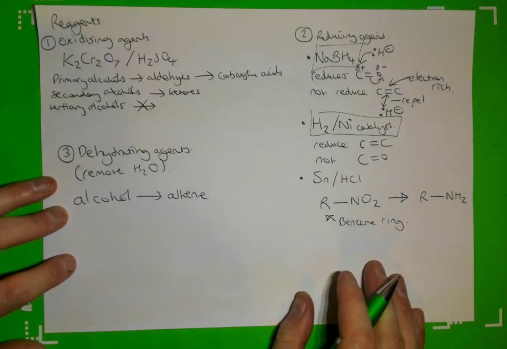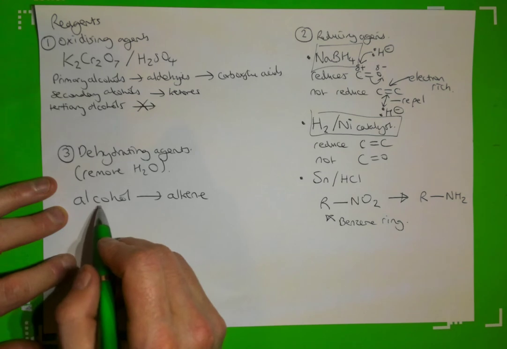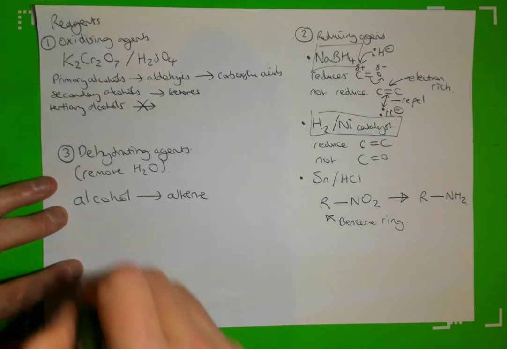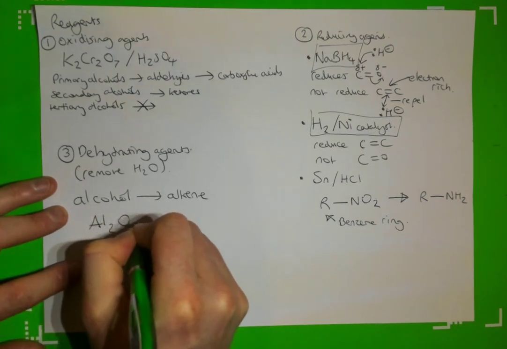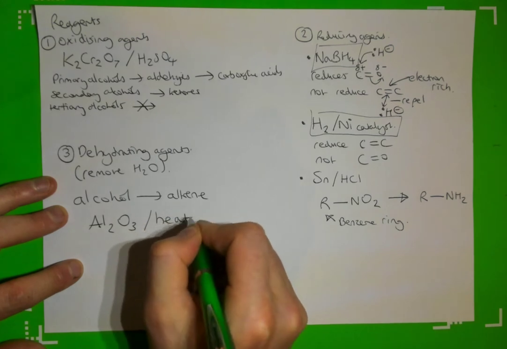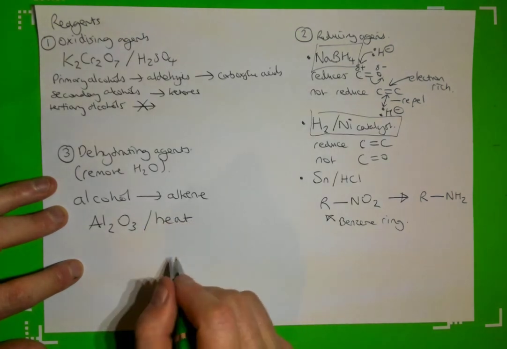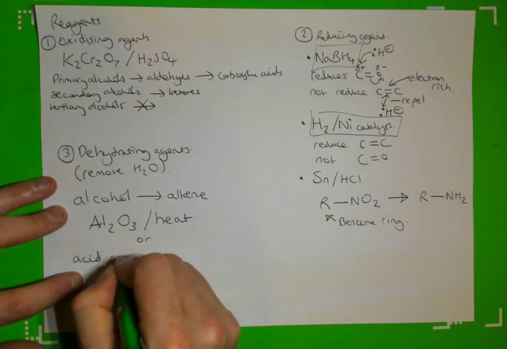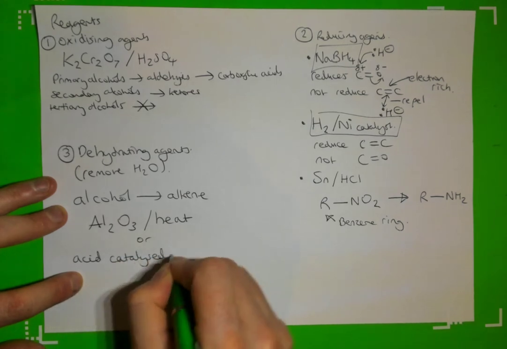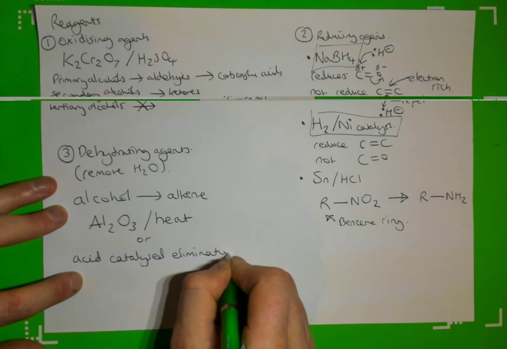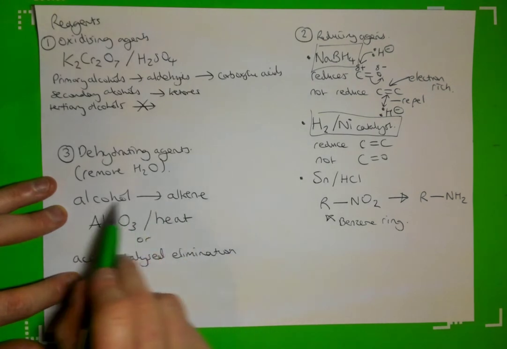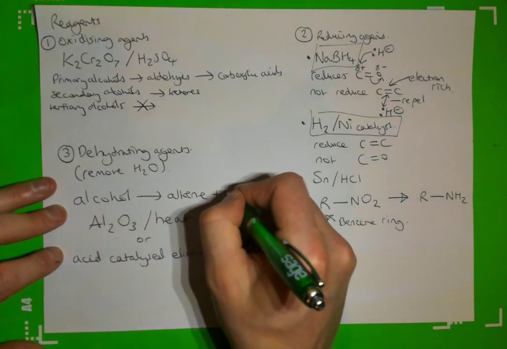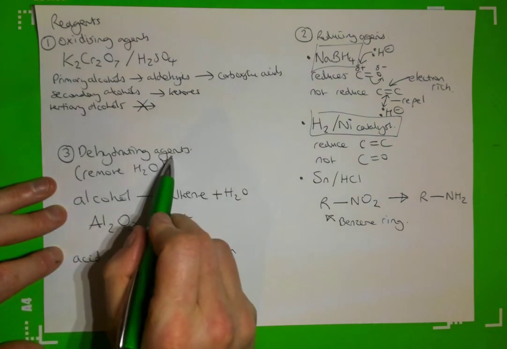And what you would do is you would pass the vapour of alcohol over heated aluminium oxide. Or we could use an acid catalyzed elimination reaction. Please look back at year 12 to write down how you would do that. And that would produce an alkene plus a molecule of water, because that's what dehydration is.